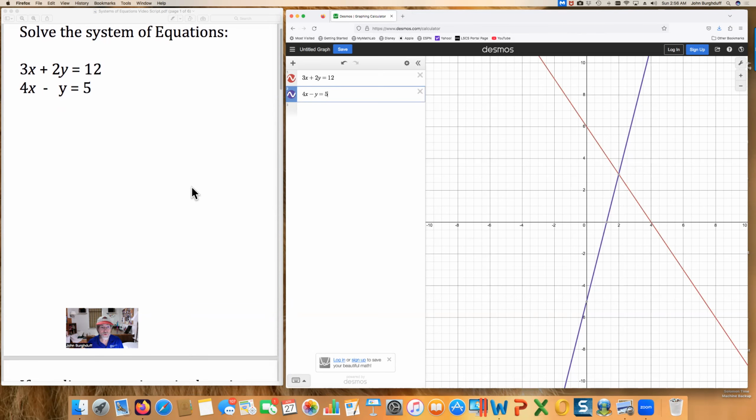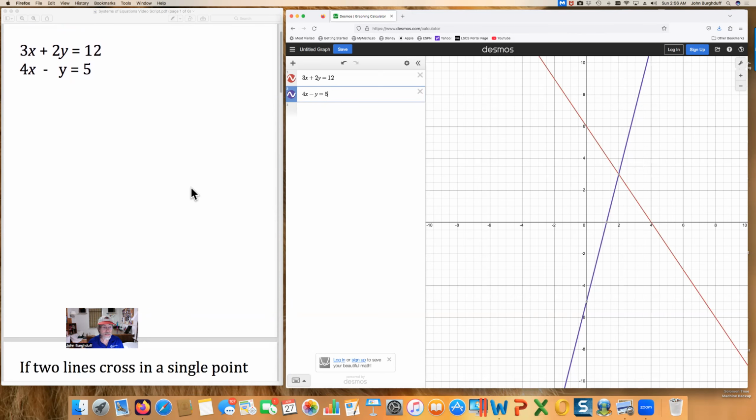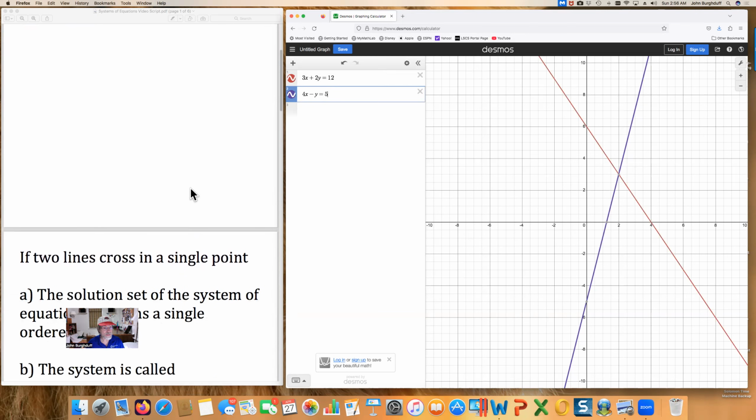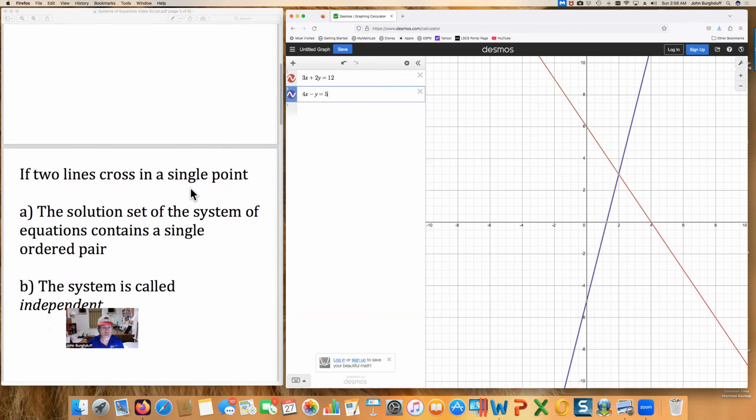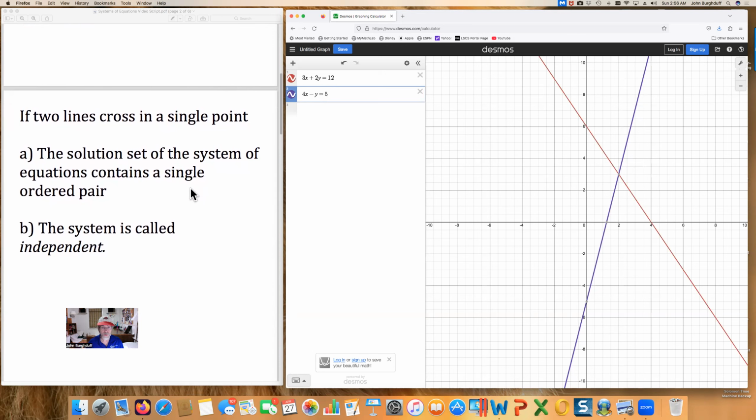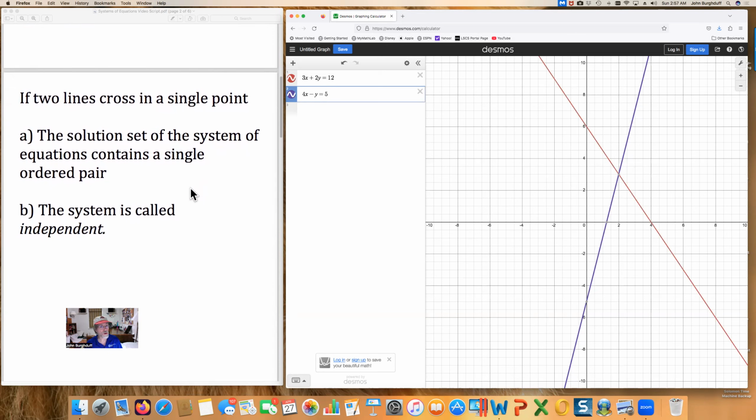Now, even if you move to more algebraic approaches, keep in mind that that system represents two straight lines and they may cross. If two lines cross in a single point, then the solution set of the system of equations contains a single ordered pair, namely the ordered pair that corresponds to the point where the lines cross.